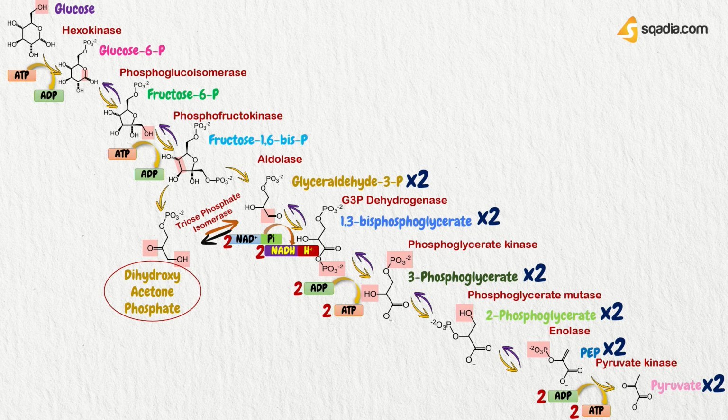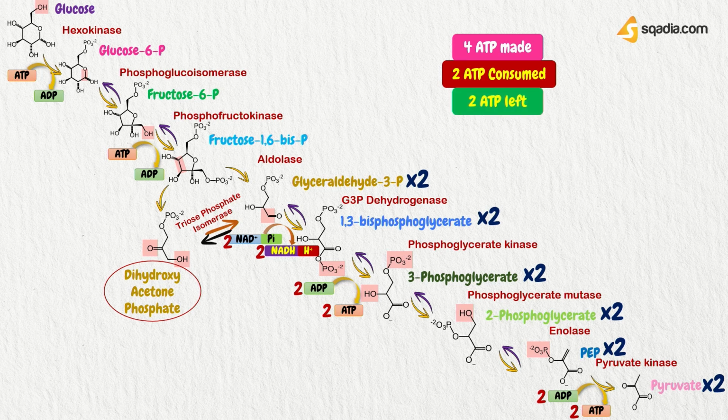So if we talk in general about the summary and the yield of all of this reaction, what happens here is that 4 ATPs were made, 2 over here in the phosphoglycerate kinase reaction, and 2 over here in the pyruvate kinase reaction, and out of them 2 were consumed. If you look at the upper reactions over here, 2 ATPs were consumed. They were converted into ADP first, so we're not going to mention that.